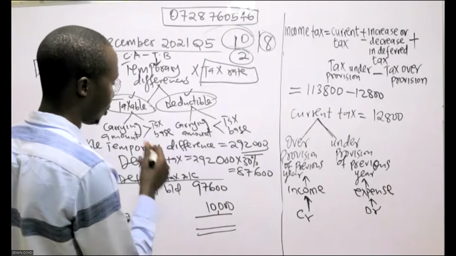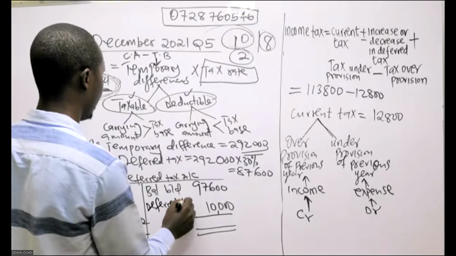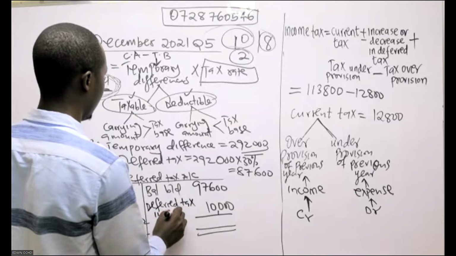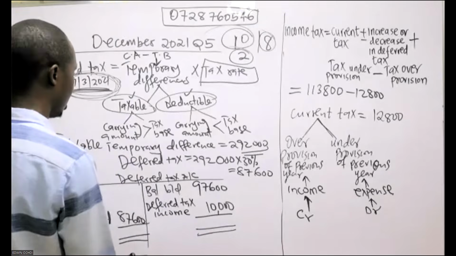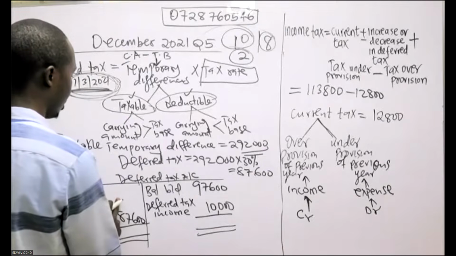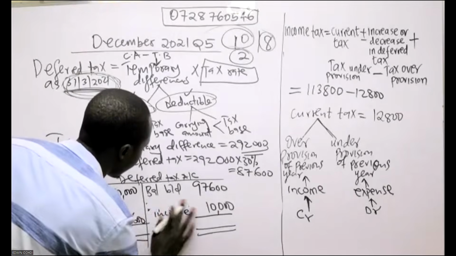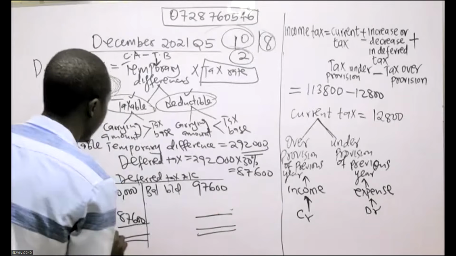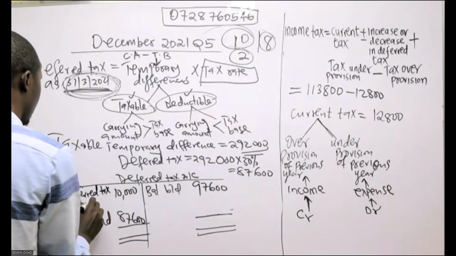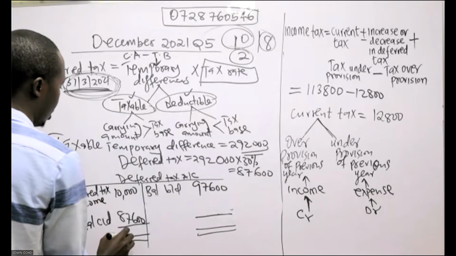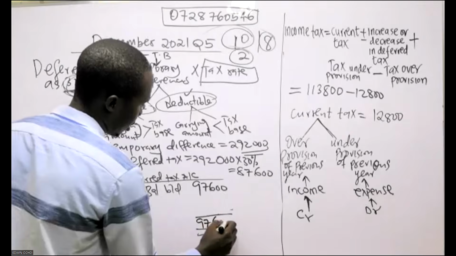That is a deferred tax expense or income. Deferred tax income. So we have it has reduced or increased. The difference is supposed to be on this side, not this side. So the 10,000, which is a reduction by 10,000, is a deferred tax income. That is 97,600.